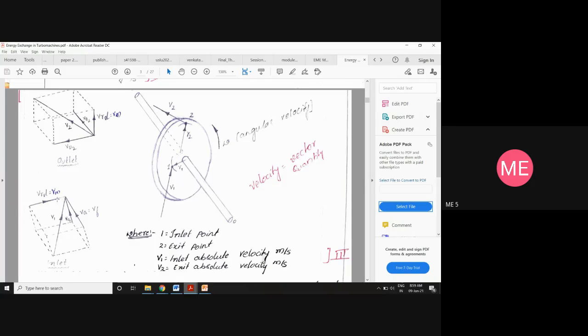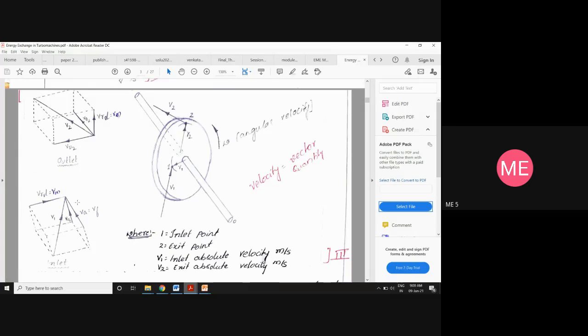Then from here, draw a line perpendicular to the axis of the shaft, and from the base draw one line perpendicular to the axis of the shaft and one parallel to it; that is VA, which should be parallel to the shaft. Like that you're supposed to draw. VU is perpendicular from the base, and one is towards the axis, meaning this line should be parallel to the axis. Like that, try to draw for the inlet as well as the outlet.